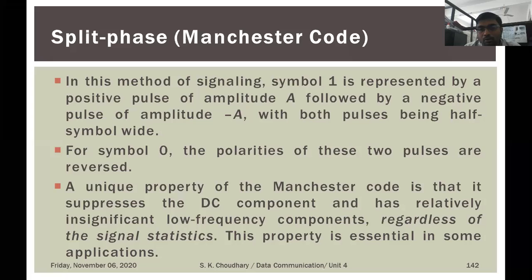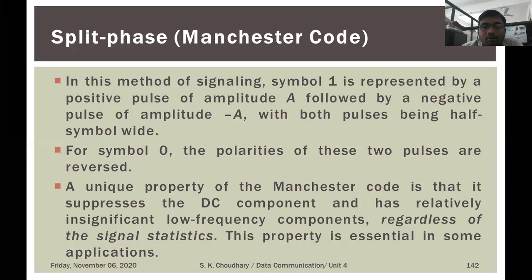And for 0, the polarity of these two pulses is reversed. The unique property of the Manchester code is that it suppresses the DC component and has relatively insignificant low frequency components regardless of the signal statistics. This property is very essential in some applications.